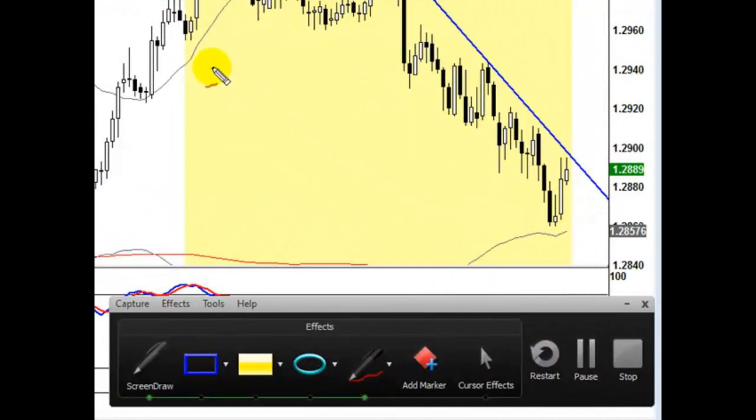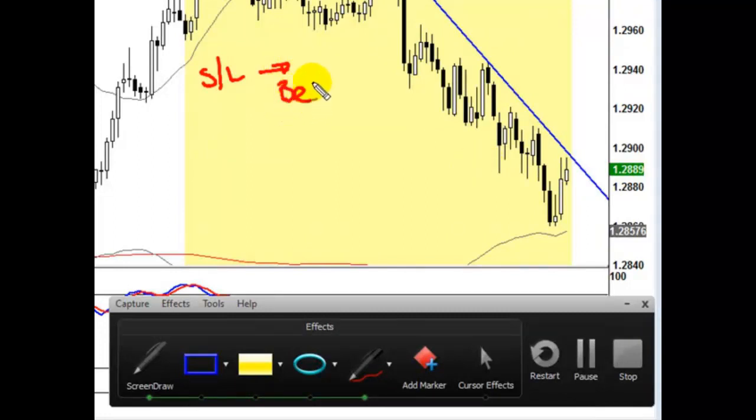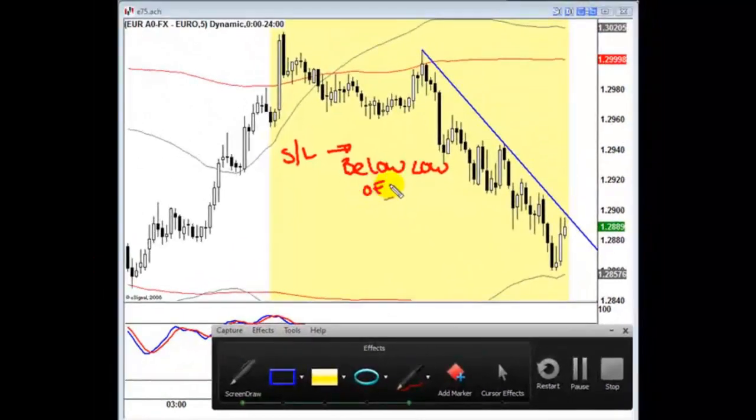Now, the stop loss generally must, in the case of a long trade like we're heading towards now, be below the low of the signal.